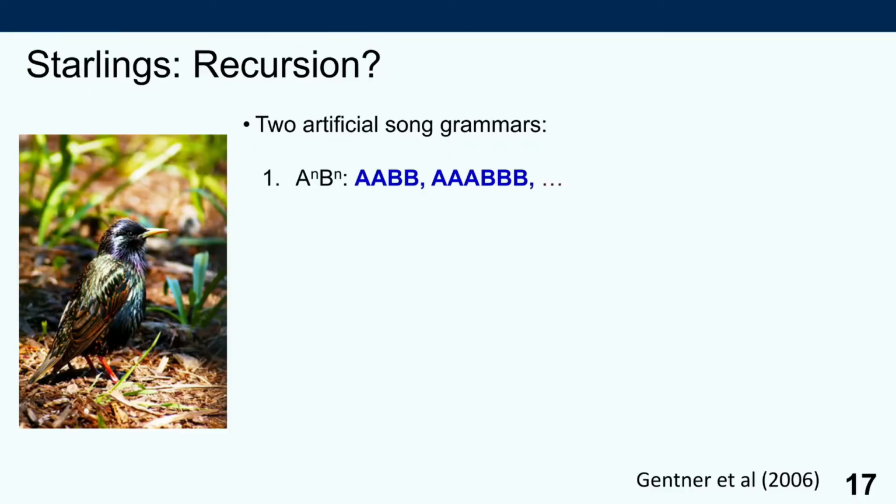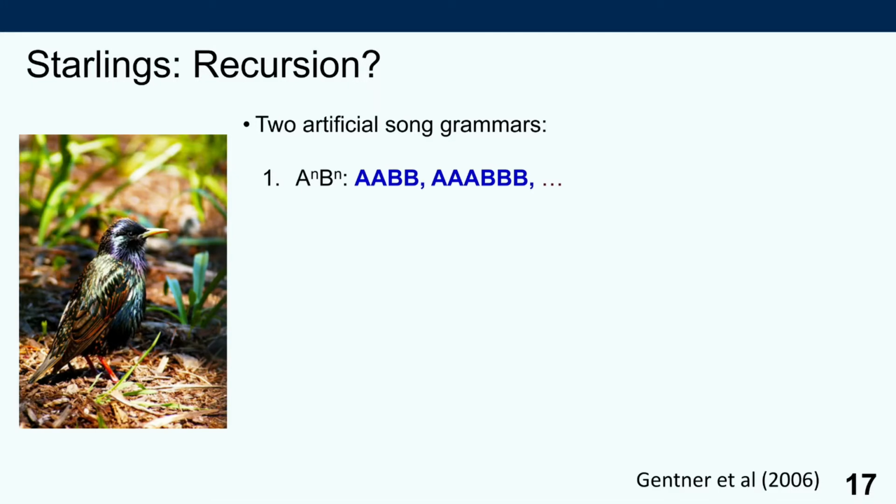Birdsong is quite well known to have some sort of grammar behind it. There are some sort of rules about what goes and what doesn't. And it's been argued in an experiment that starlings are able to learn some type of recursive grammar. So what Gentner and colleagues have done is they've tried to teach starlings two types of recursive grammars. The first of them is an A to the N, B to the N grammar.